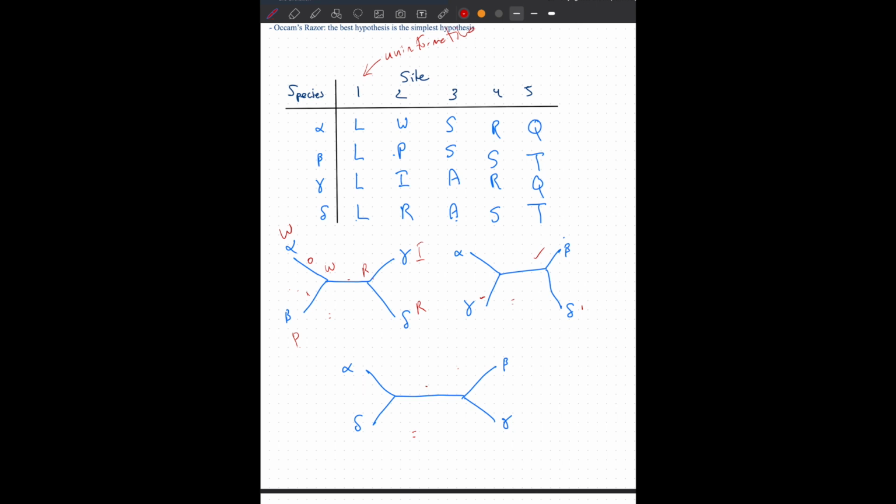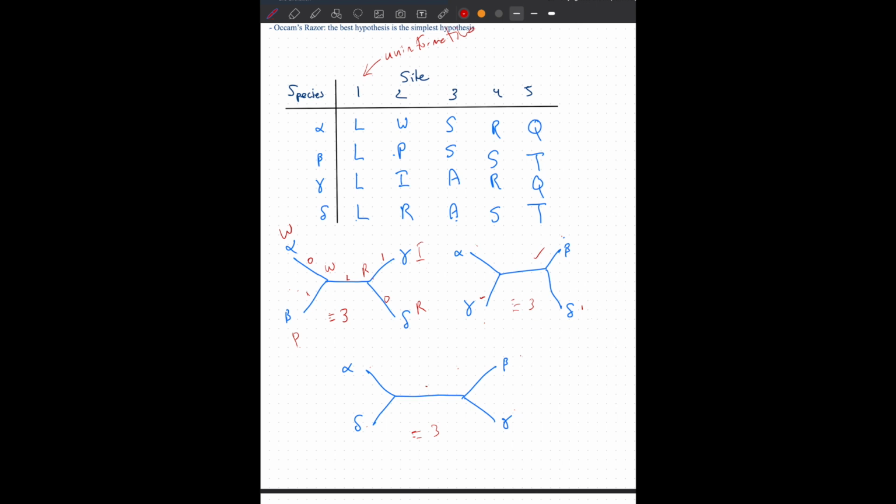That means there's a cost of 1 on this branch, no cost on the R to R. Finally, I get a cost here to switch from tryptophan to arginine, and so now my overall cost is 3 on that tree. In fact, I'll leave it to you, because all 4 amino acids are different, if I put them onto these trees, I'm always going to score 3. You can verify that in your own time.